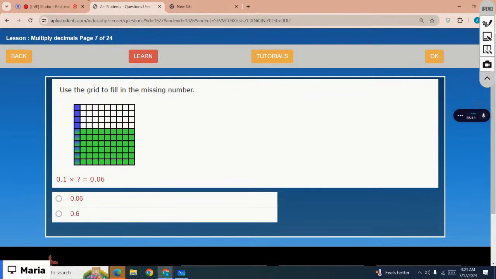That is 0.6. Option number 2 is the correct option. Very good.